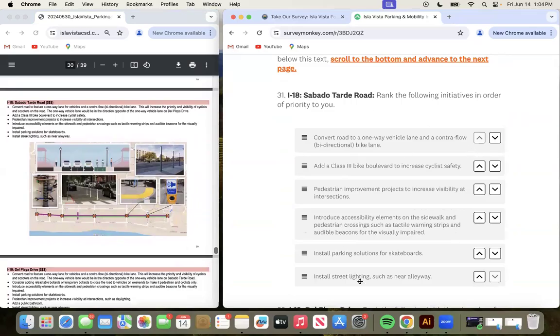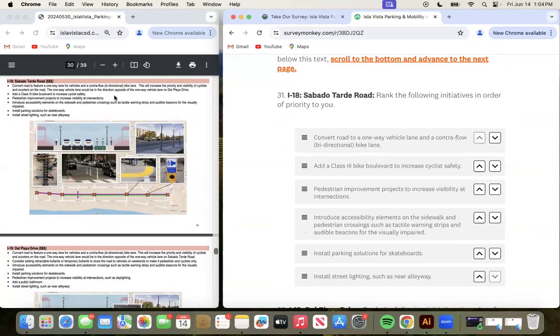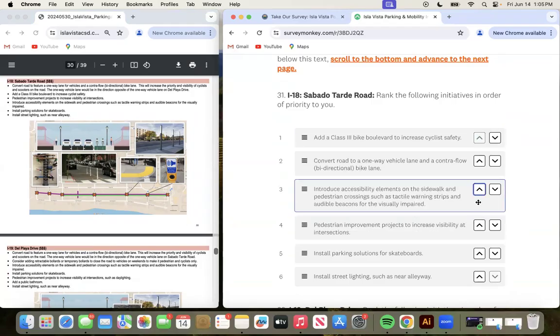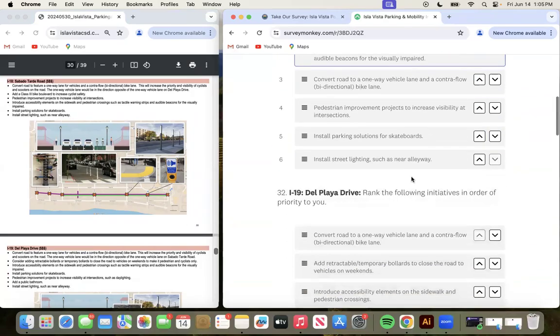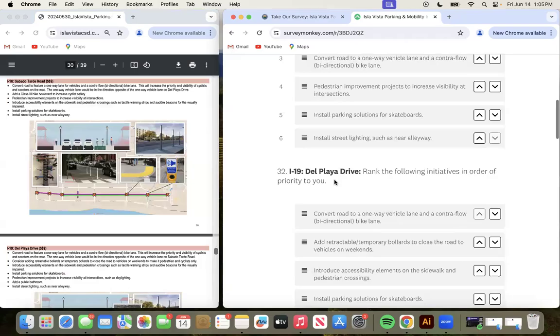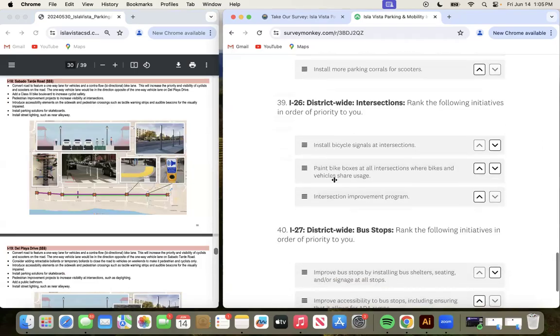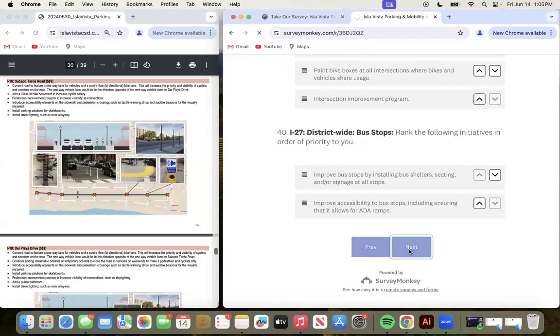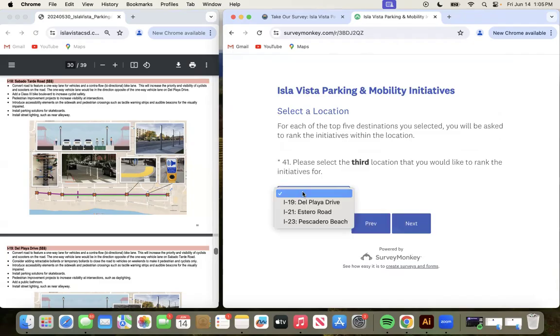You're going to familiarize yourselves with all of these infrastructure strategies using this packet on the left. And once you familiarize yourself and form your opinions on them, you're going to go ahead and rank them in the order of most important to least important. And then go ahead and skip the locations listed below, hit next, and then move on to the next location.